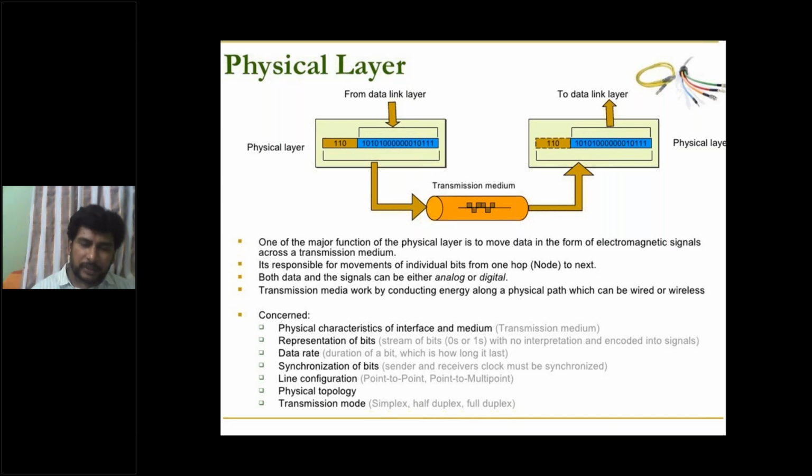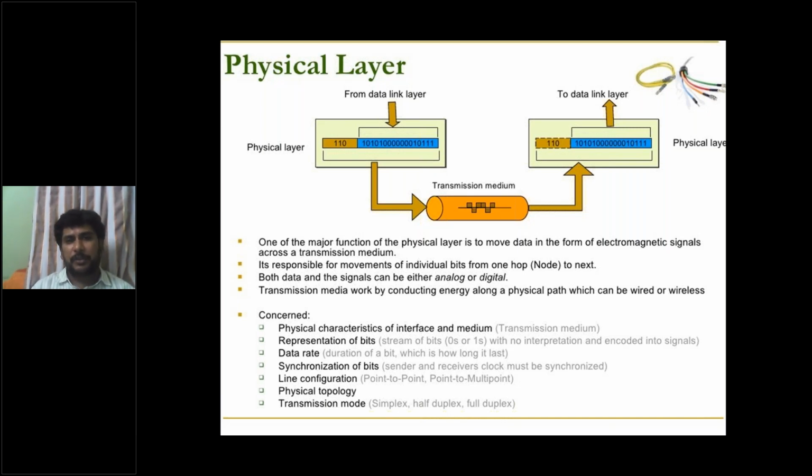Then it selects the transmission medium and decides the topology to be opted. It decides whether we have to go for point to point or multi-point, and it decides the data rate at which data is transmitted. And then it also moves the individual bits from one hop to the next hop. These are the basic functions performed by the physical layer.